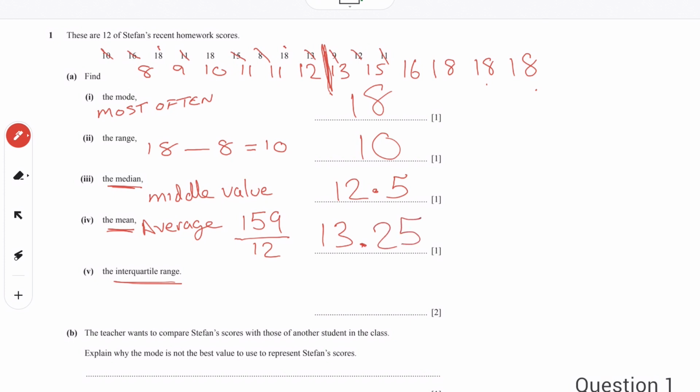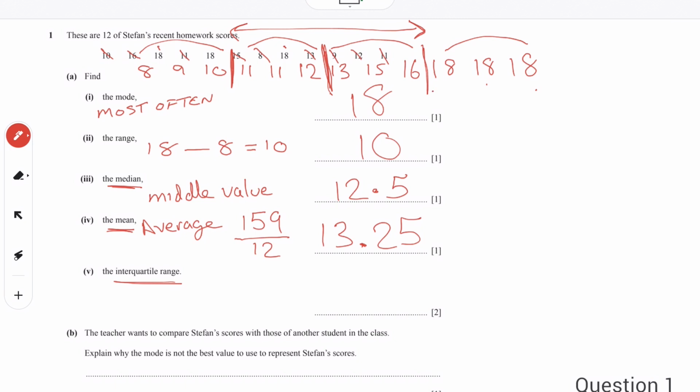Okay, now the interquartile range is a strange one. What we're going to be doing is splitting it again here and here, because if we've got 12 numbers, we're going to divide these into quarters, and the interquartile range are basically the numbers here.